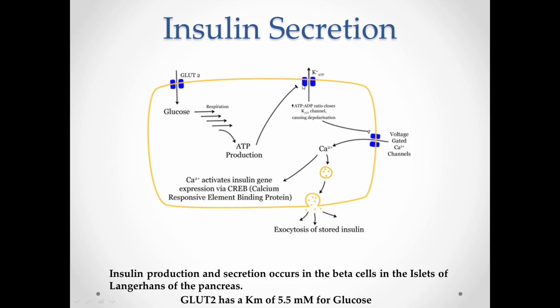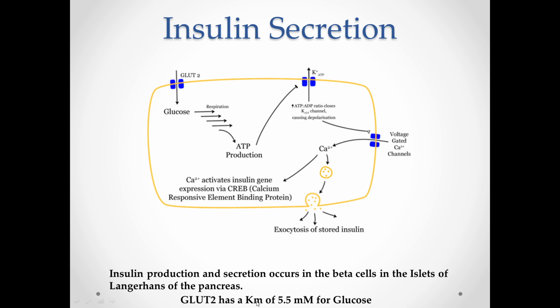ATP then shuts down a potassium transporter in the cell. Because potassium is not transported out of the cell, a voltage-gated calcium channel is opened, and this voltage-gated calcium channel allows the exocytosis of insulin into the bloodstream.